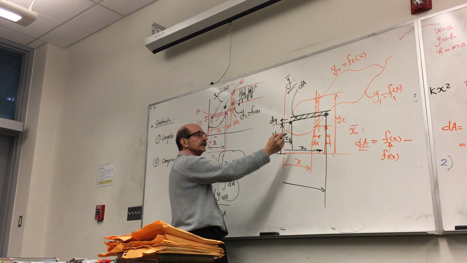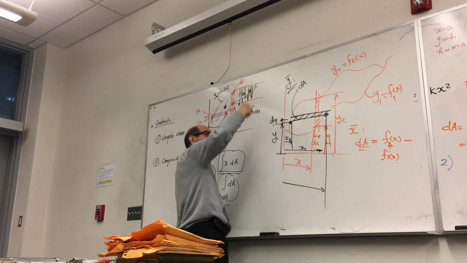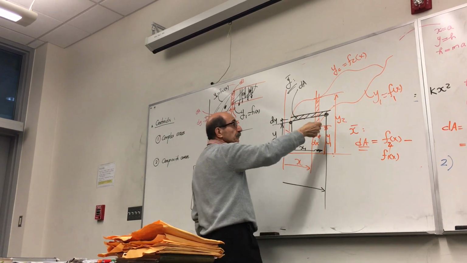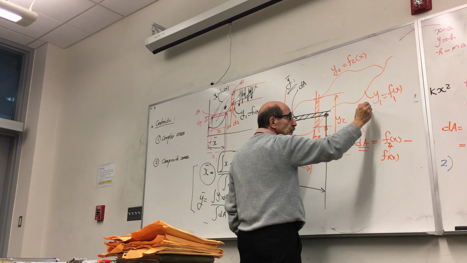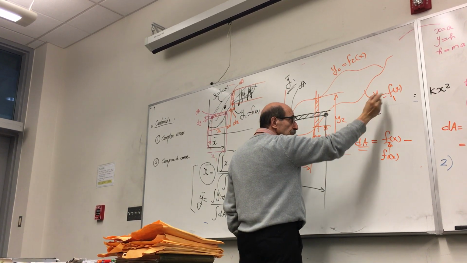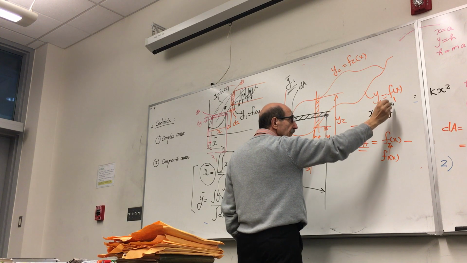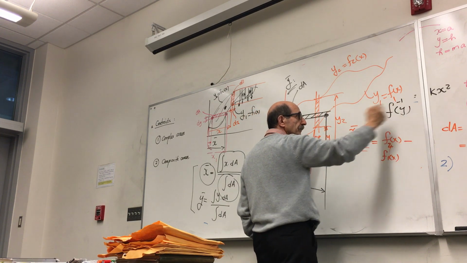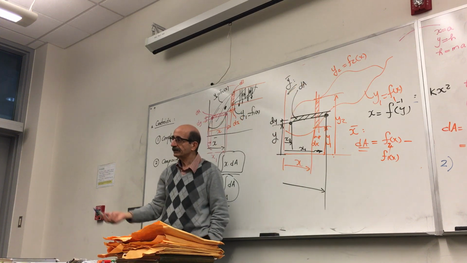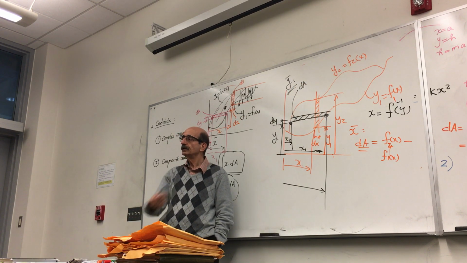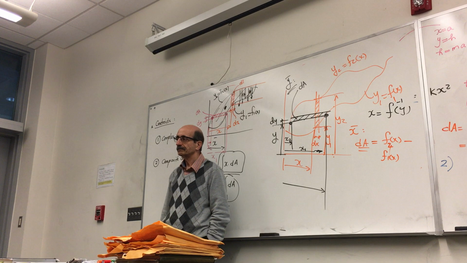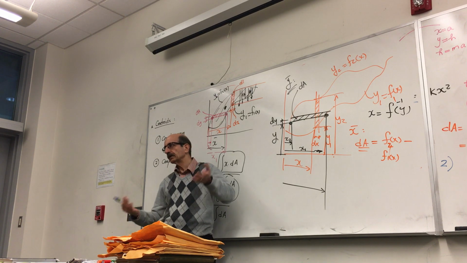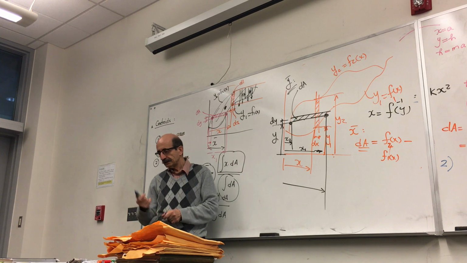So from whatever this function is, you need to find x, which would be basically the inverse function of y. Same thing there, and the difference of the two times dy. But most of the problems you end up with are either parabolic or linear.